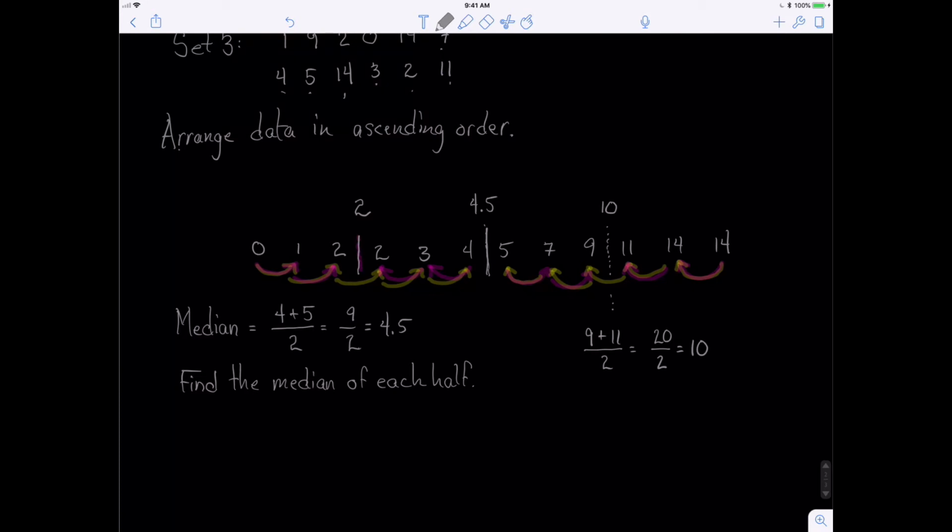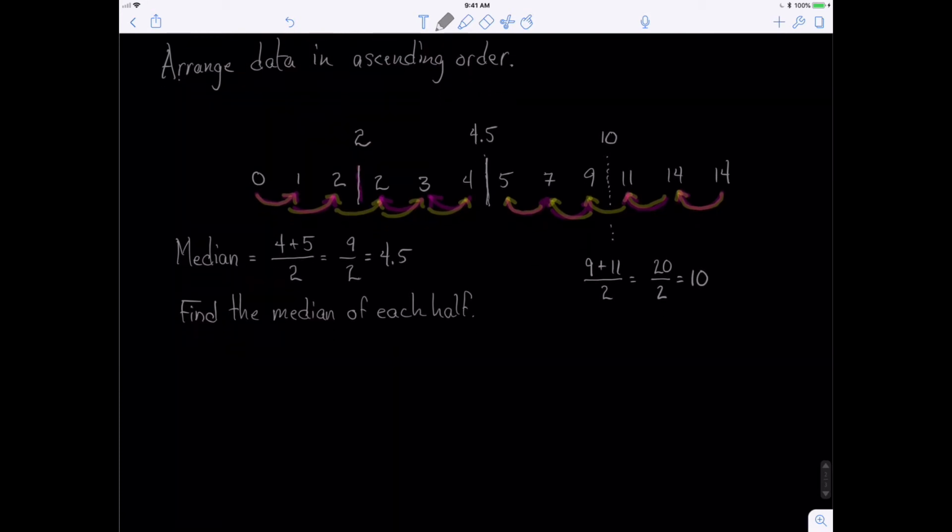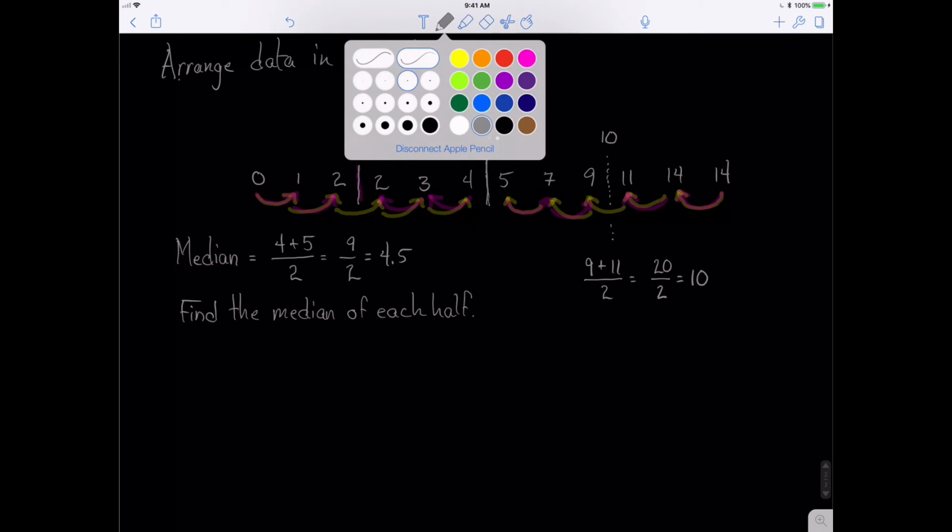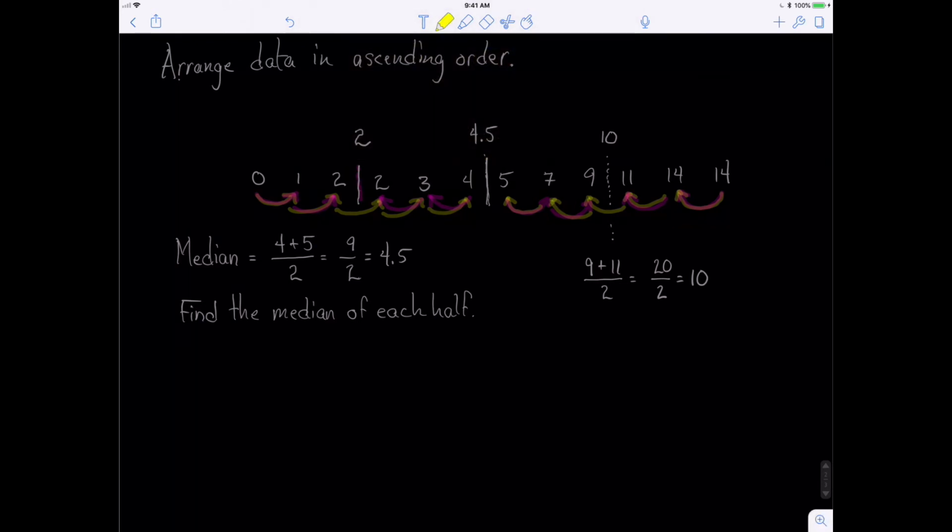Now, look at what these data values have done. These data values have divided the data into 4 equally sized groups. And because of that, because they form quarters, when you take half of the half, you make a quarter. And so this bit from 0 to 2, this represents 25% of the data.